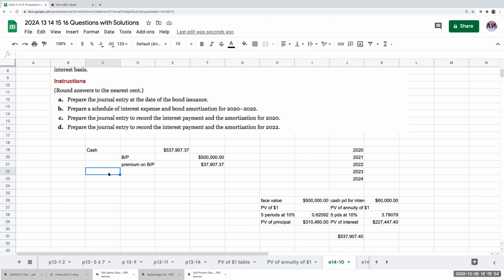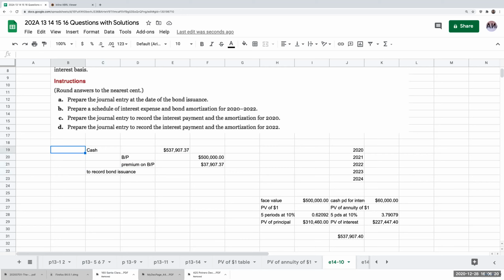Very, very important. Okay, so to record bond issuance. Now, prepare a schedule of interest and the bond amortization for 2020 to 2021. It's also asking me to record the interest payment and the amortization for 2020 and then 2022.